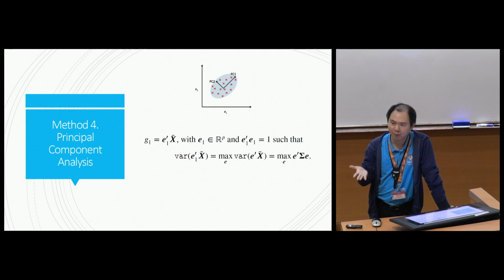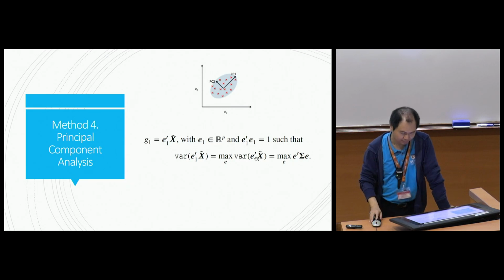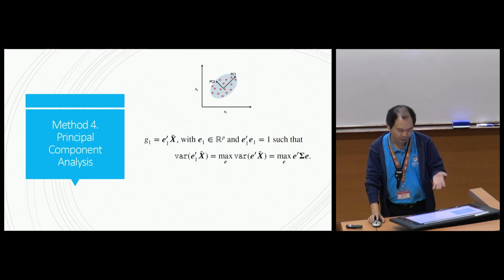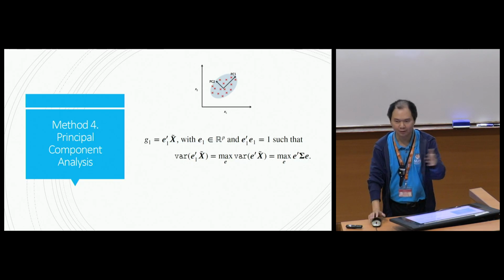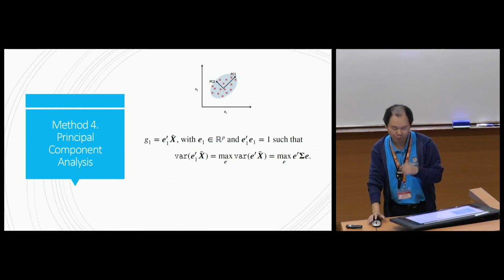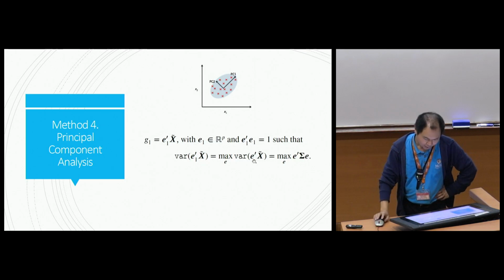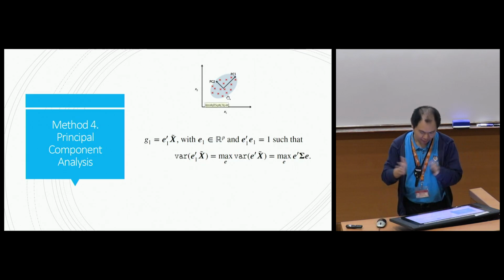The second component also maximizes the variance over all linear combinations of X, conditional on the second principal component being orthogonal to the first. So you sequentially solve this kind of maximization problem, and you end up with PC1, PC2, and so on. So the PCs are also orthogonal.